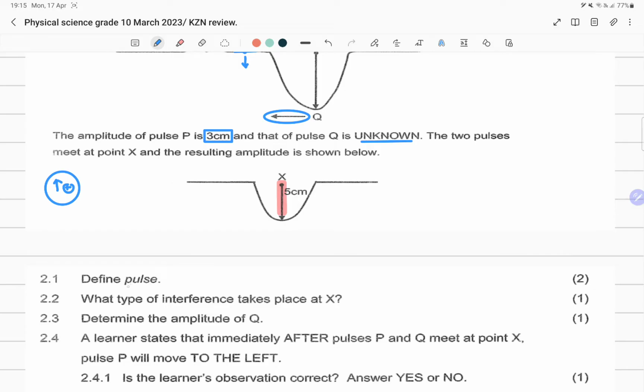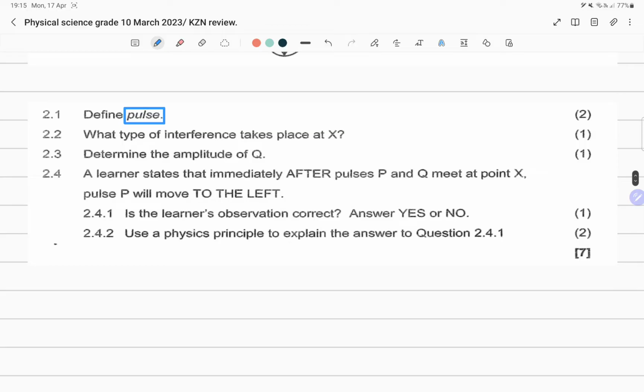Now define the word, not world-ish. You know this English. Okay, let's define what a pulse is. So basically, we know that a pulse is essentially defined as a single disturbance that moves in a medium.